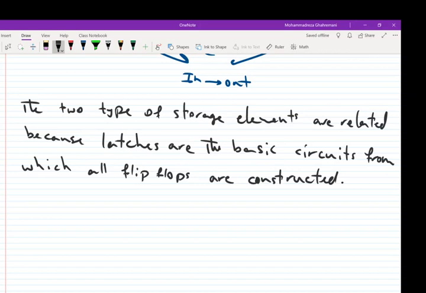So we need a clock cycle which updates the output at any discrete instance of time. So latches can be used to construct asynchronous circuits. Flip-flops can be used to construct synchronous sequential circuits.